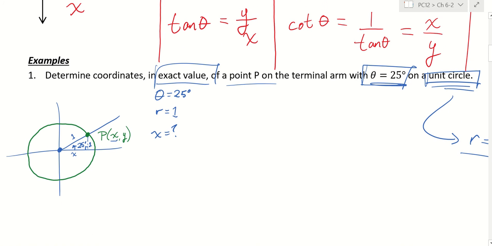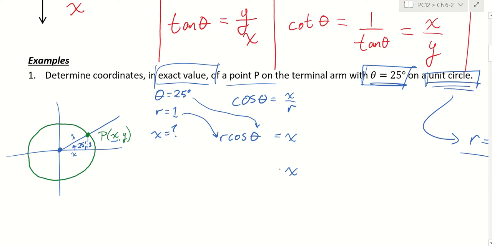So let's use cosine. Cosine theta is really just the ratio of x over r for some angle in standard position. And we want to solve for x, so multiply both sides by r. So x is equal to r cos theta. Plug in all your numbers. So r is 1, theta is 25.